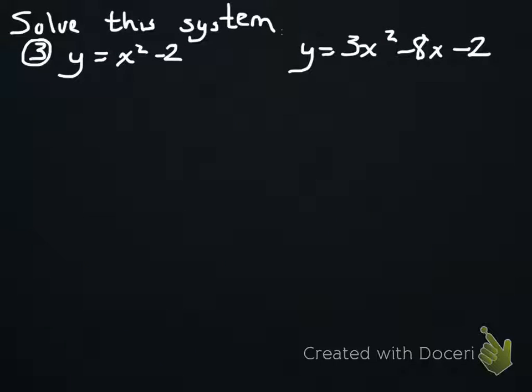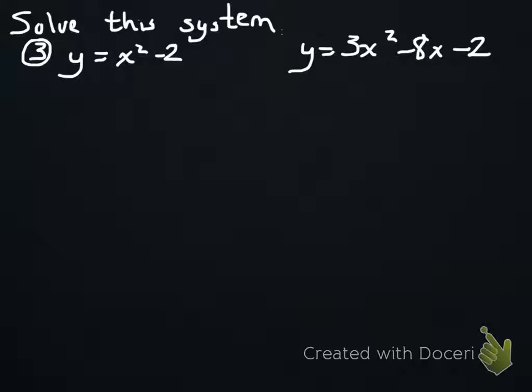So one special type, and this is going to seem like it's going to be harder, but it's really not much more difficult than what we already had. We're solving the system. So when we're solving systems of equations, what are some methods we had to solve it? We could use substitution, elimination, and graphically.